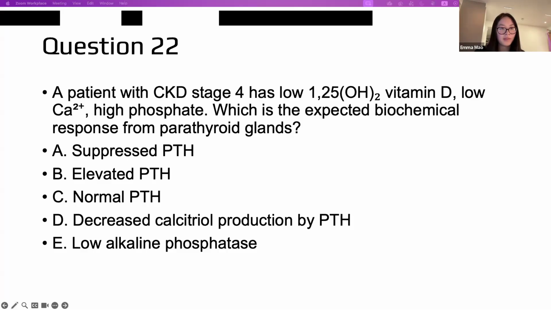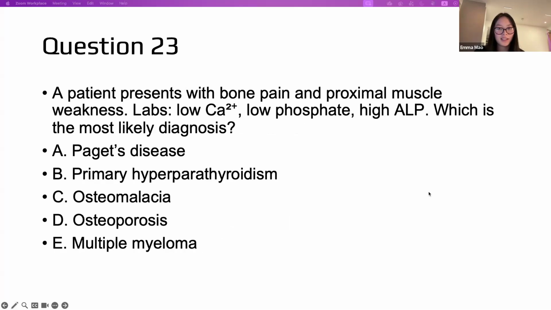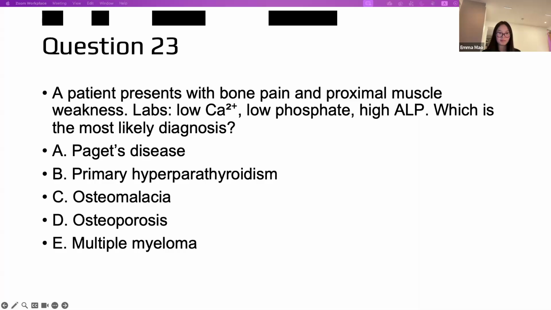Okay. And then we have one more question. We have a patient who presents with bone pain and proximal muscle weakness. So they have low calcium, low phosphate, and high ALP. What's the most likely diagnosis?